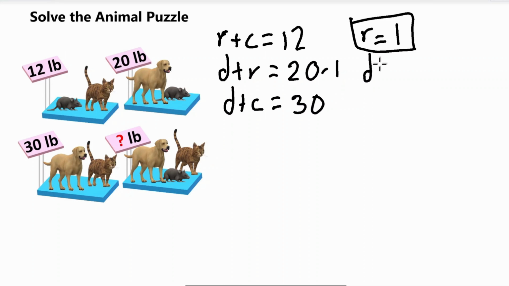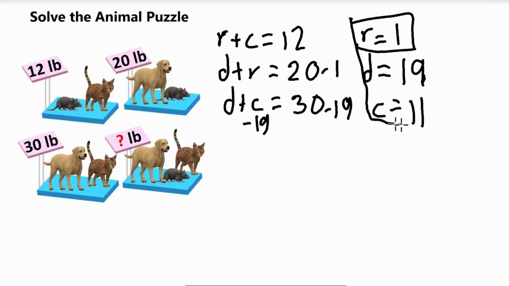So that'll give us that the dog's weight is 19. And then same thing we do here. We know that the dog is 19. So something plus 19 is equal to 30. Just subtract 19 from both sides. And then we know that the cat is 11 pounds.